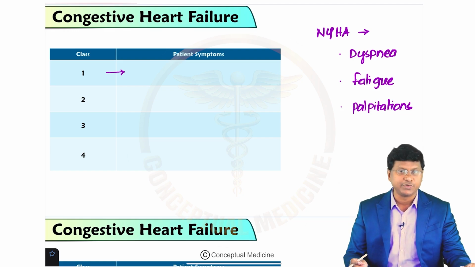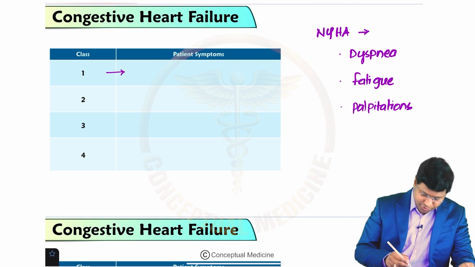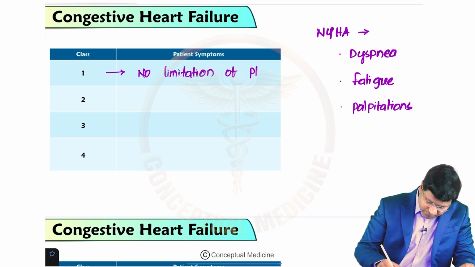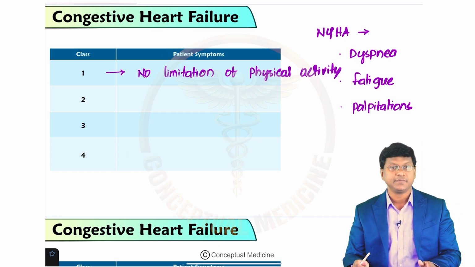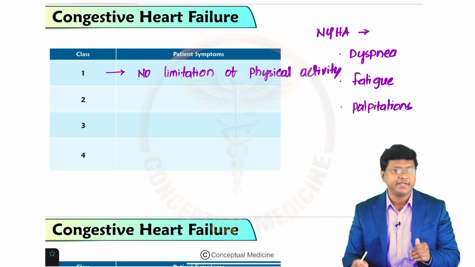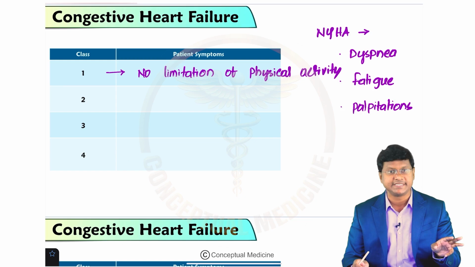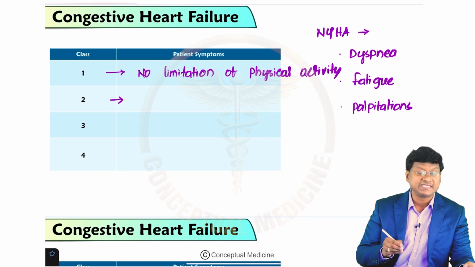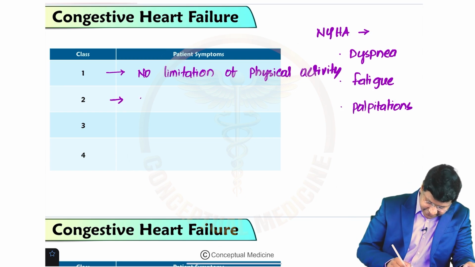In class 1, there is no limitation of physical activity. So ordinary physical activity does not cause fatigue, palpitation, or dyspnea. Whereas in NYHA class 2, there will be a slight limitation of physical activity.